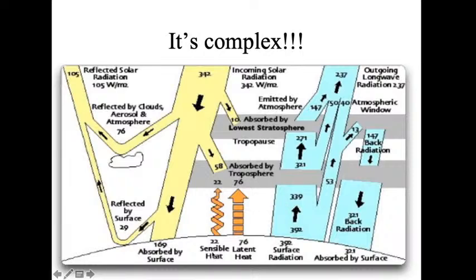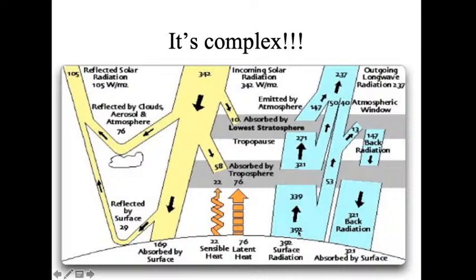And some of it's going to be heat, just that we feel as humans on the surface, sensible heat. 76 will be latent heat, which is going back to topic 3. That's the heat that's essentially invisible and bound up in our evaporated water, and as soon as that water condenses, we're going to release that latent heat.